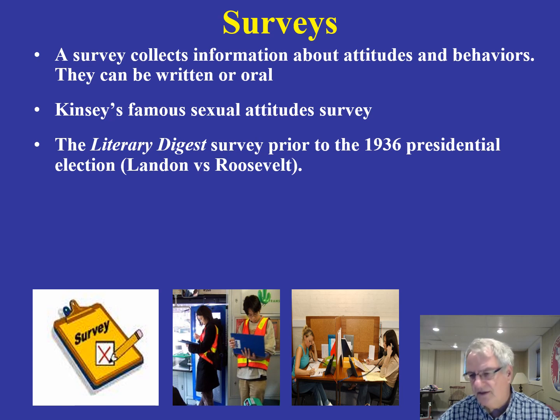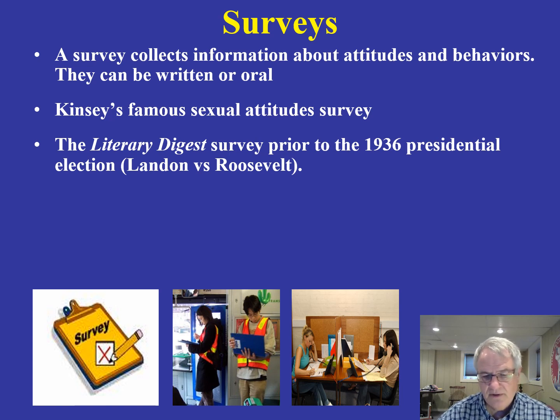Let me tell you about another famous survey, the Literary Digest, a survey that was done prior to the 1936 presidential election. Alf Landon, the Republican, running up against Franklin Delano Roosevelt, FDR. And the Literary Digest polled its subscribers and asked them, who do you think is going to win the election?